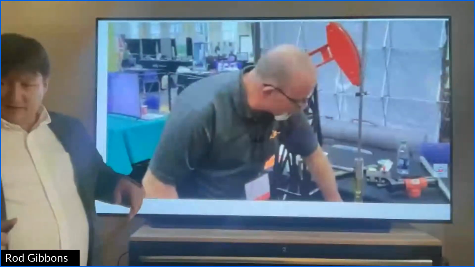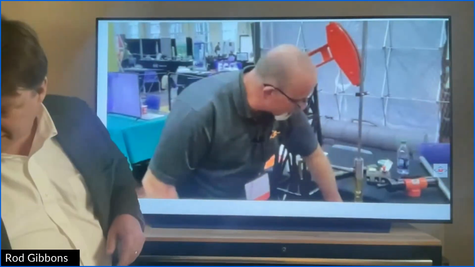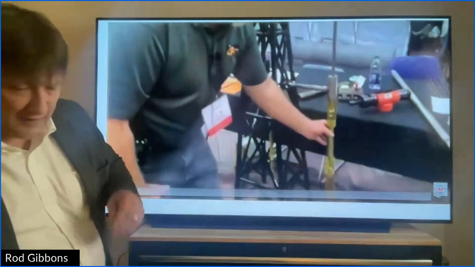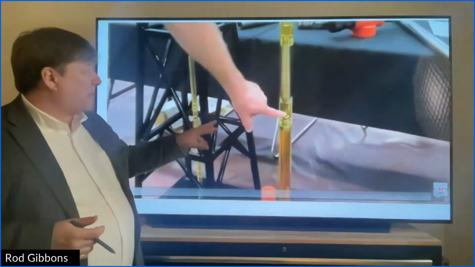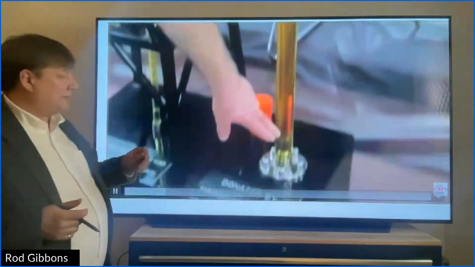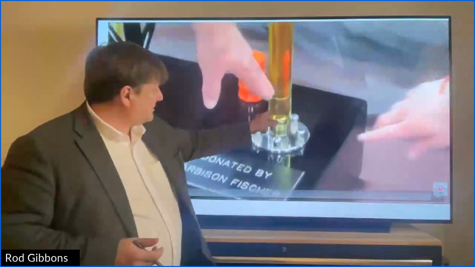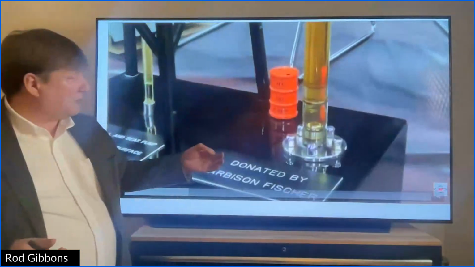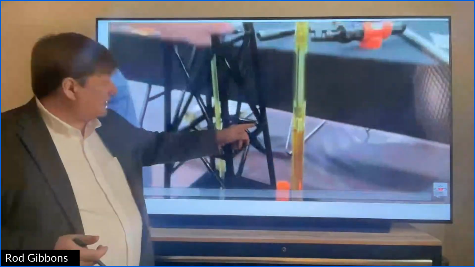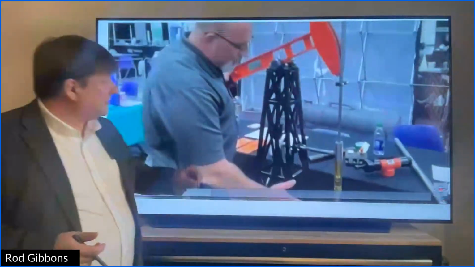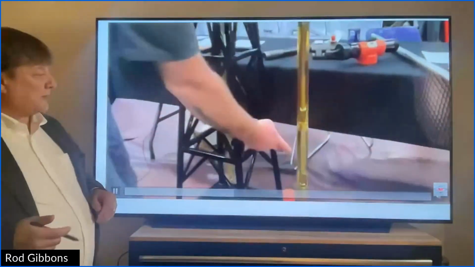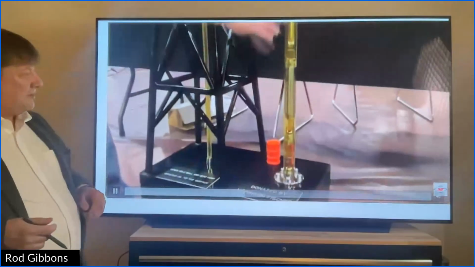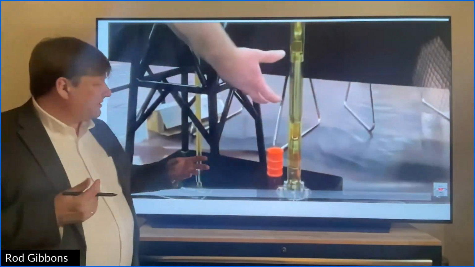This is probably a good way to see it. It's just from a trade show a few years ago. This is a model mock-up, so you can see down here, here's the standing valve, and it's just a little metal ball. And here's the traveling valve here. They've got a little model of a supposed pump jack, and he'll stroke this.